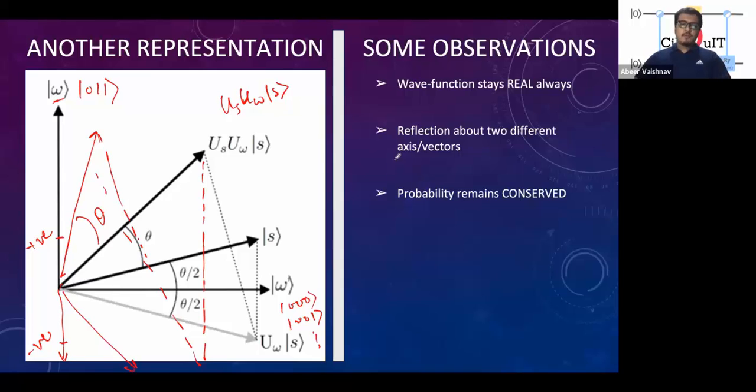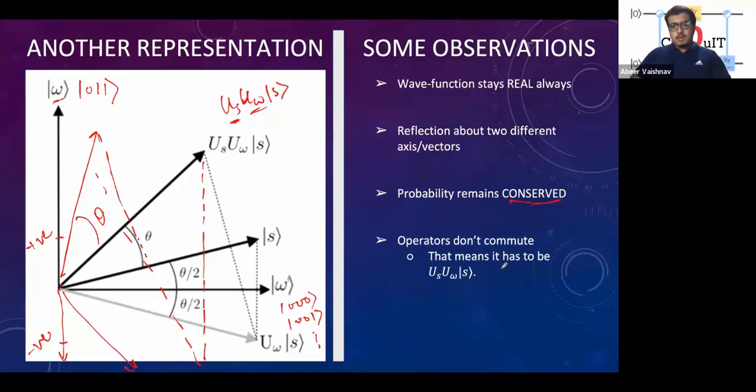The next thing that can be noticed is that the probability remains conserved. That means if the probability of the marked state increases, then the probability of the other states decreases in order to compensate for that. The next thing is that these operators US and U omega actually don't commute. That means if I implement U omega and then US on S, this won't give me the correct answer.